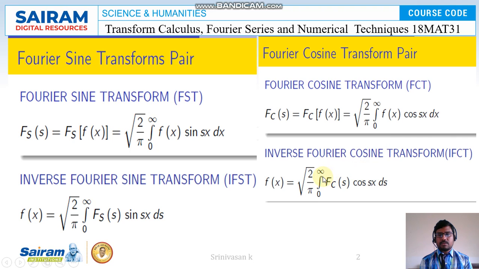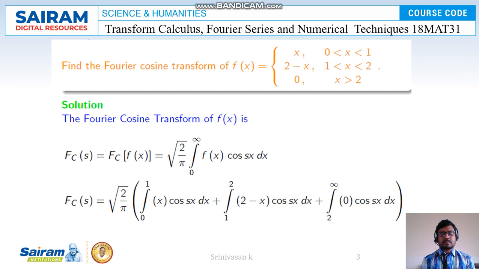And the inverse Fourier cosine transform formula is f(x) equals root 2 by pi, integral 0 to infinity, F_c(s) cos(sx) ds. So these two formulas are called the Fourier cosine transform pair. Next we can discuss the problems based on sine and cosine transform.